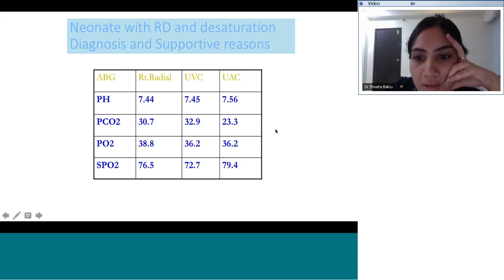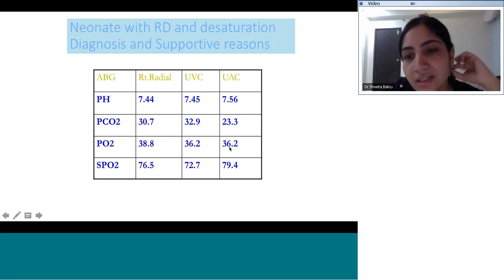Umbilical arterial SpO2 is very, very minimal. If you look at the PO2s, they are almost the same. If it has to be DTGA, then hardly any shunting is happening, right? Because it is almost the same. There is not much difference.